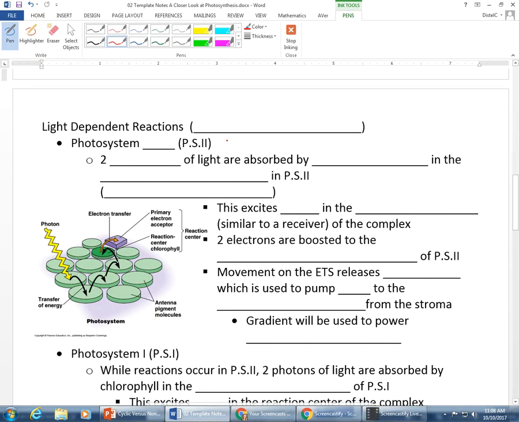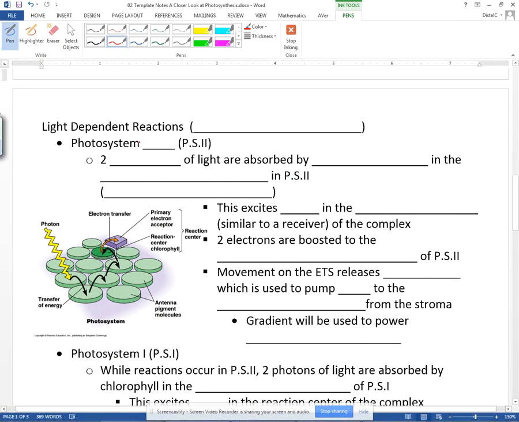So let's get started. In the light-dependent reactions, first you want to be aware that they happen in the thylakoid membrane. Remember that the thylakoids were sort of like those little coins, but it occurs in the membrane of the thylakoid. Okay? We have two photosystems that we're going to look at: Photosystem 2 and Photosystem 1.